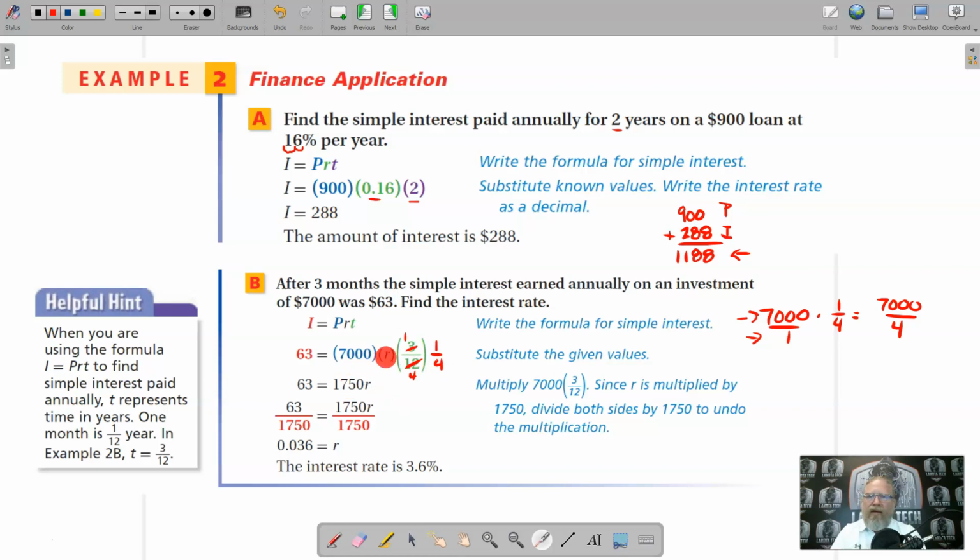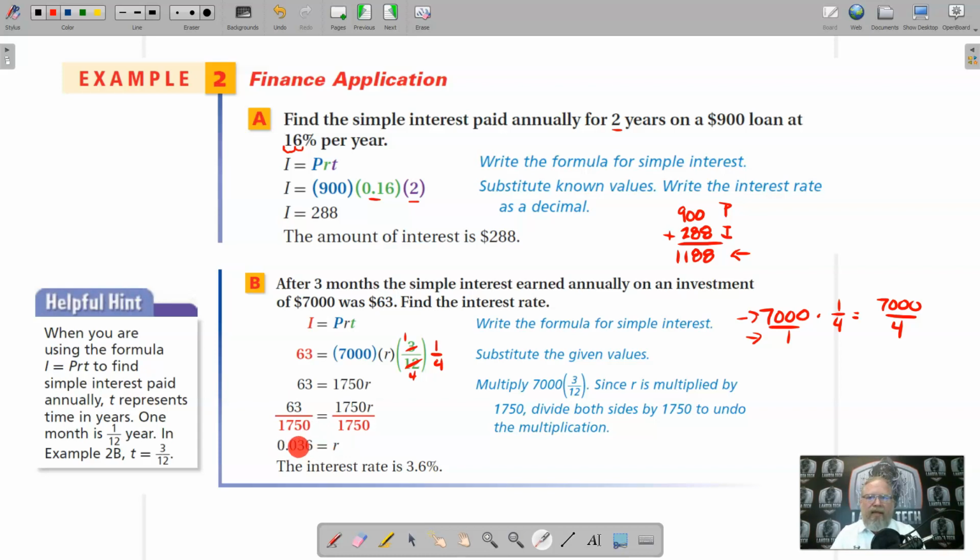Now we still have the R, which is the rate, so we're going to bring that down here. Now we have a one-step equation, right? 63 equals 1750 R, so we're going to divide both sides by 1,750. What we do to one side, we do to the other. The 1750s cancel each other, leaving us with just the R on the right. And 63 divided by 1,750 equals 0.036.